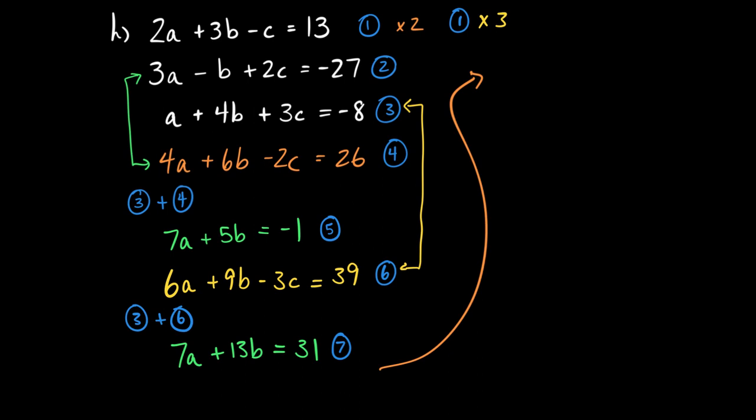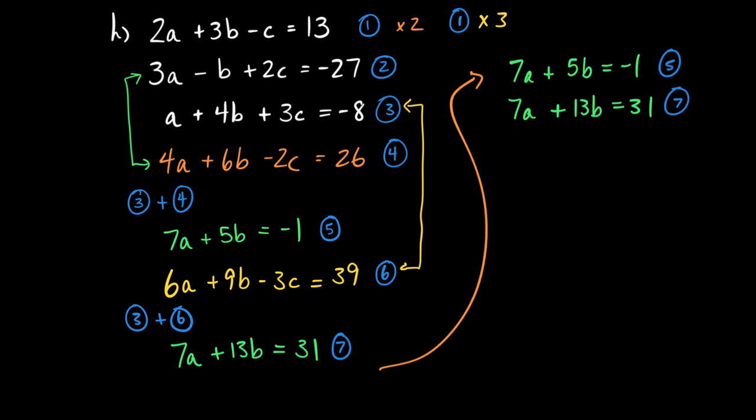Some people would prefer to rewrite what equation 5 is and what equation 7 is over here by itself, so you can get away from some of the clutter elsewhere on the page.